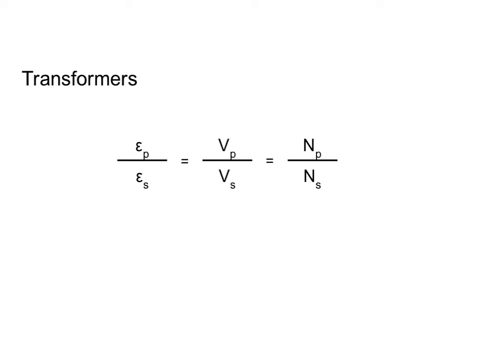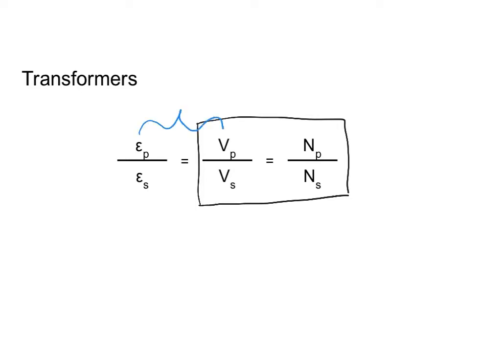So I can represent my voltage as either EMF with this curly E or as a capital V, that's the same thing. And I can actually figure out that my primary voltage divided by my secondary voltage is equal to the number of turns in my primary coil divided by the number of turns in my secondary coil. So let me go ahead and label all my variables.